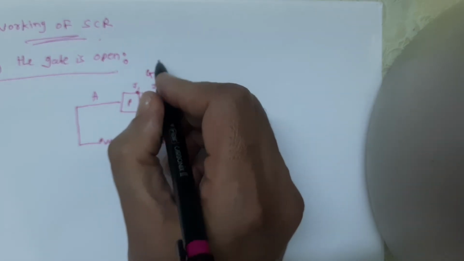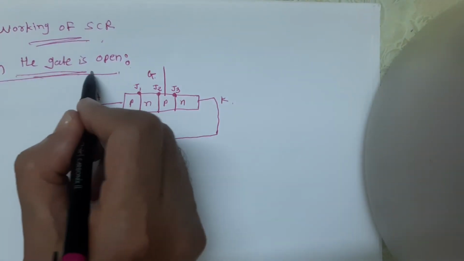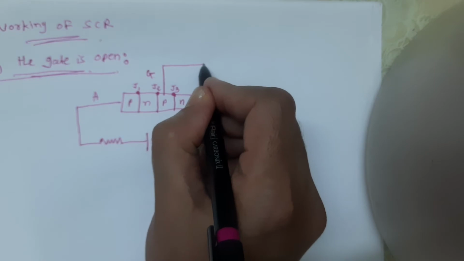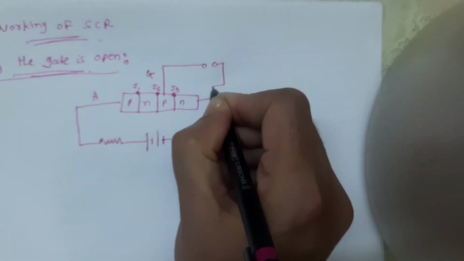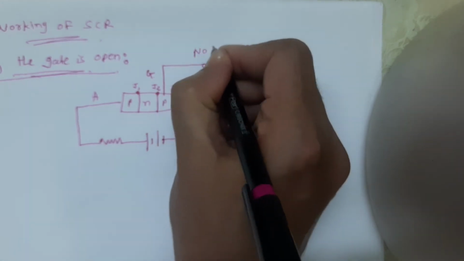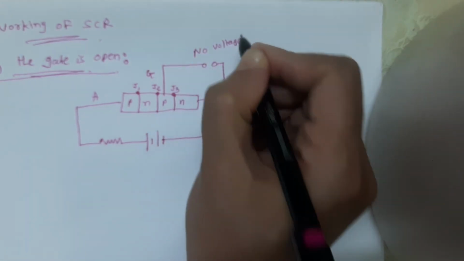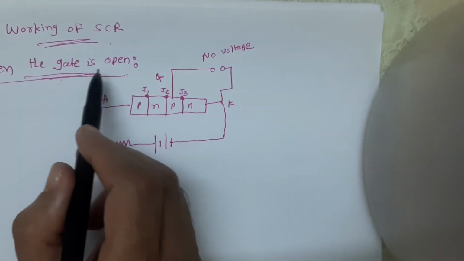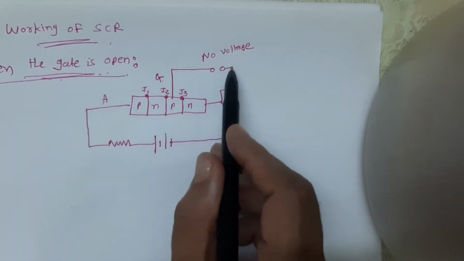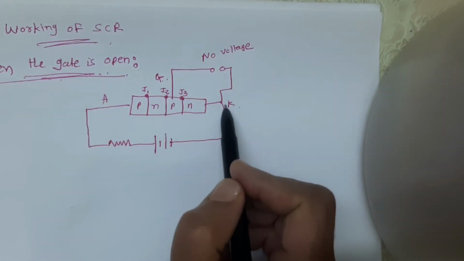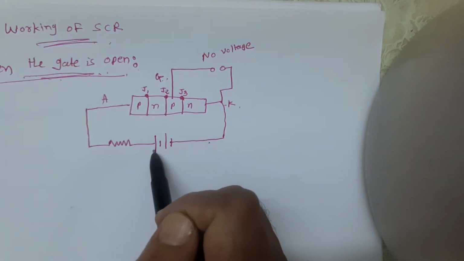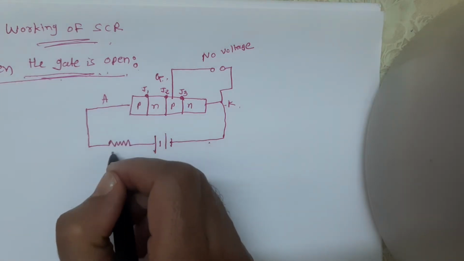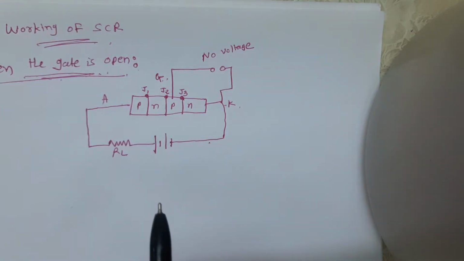When the gate is open, there is no voltage between gate and cathode, but there is a high positive voltage between anode and cathode, connected through the load resistance R. This is the structure.